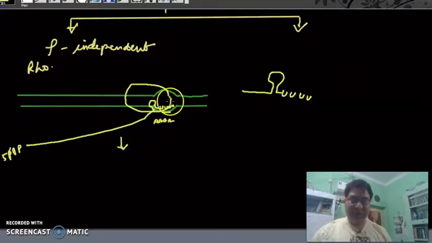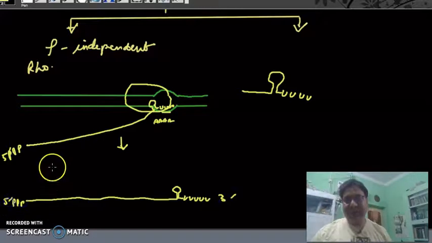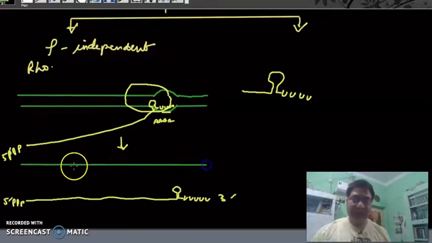It cannot hold this part, and the RNA and DNA hybrid easily melts away and they get separated. The RNA gets separated like this. It forms a hairpin loop like this. This is the 3' end. This is the 5' end. And the double-stranded DNA reforms. It rehybridizes.